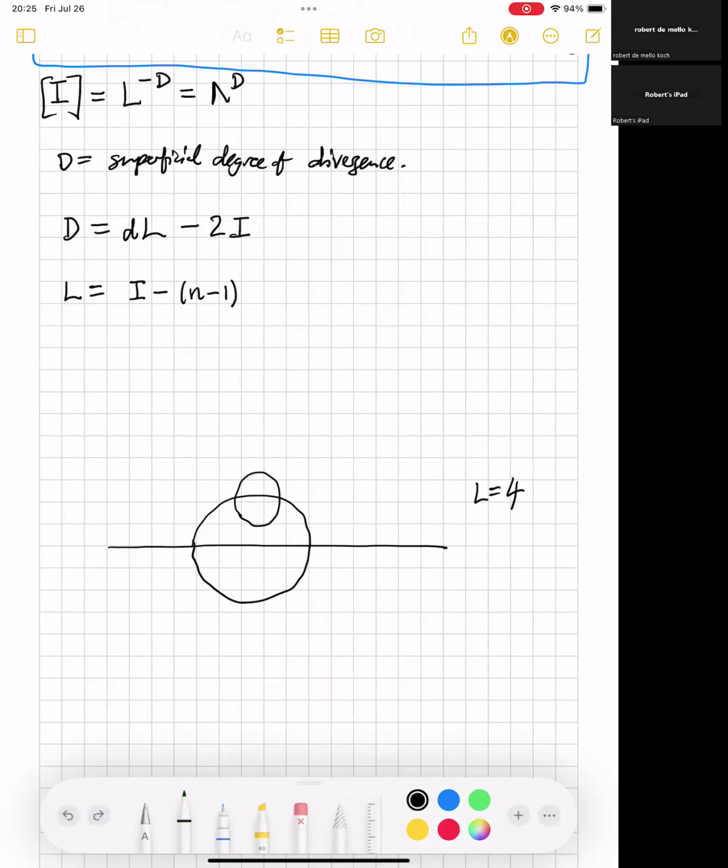Then we have, in addition, 7 internal lines. So count those. Those are pretty easy. And we've got 4 vertices. So that's also pretty easy. And the equation that we've just written down says 4 is equal to 7 minus 4 minus 1. And that, of course, is a true equation. So it's very easy to check this equation. And that's, in fact, a perfect equation.